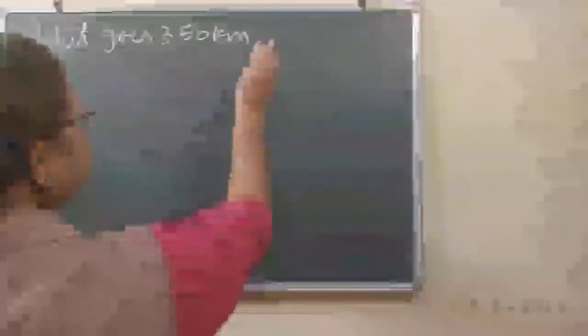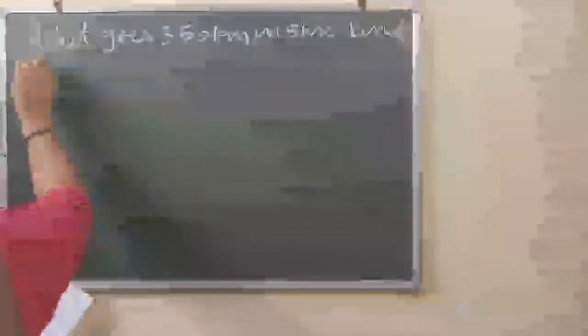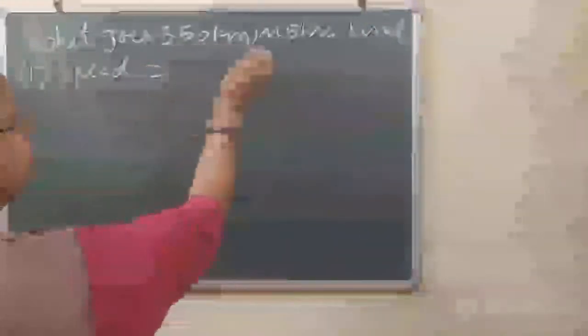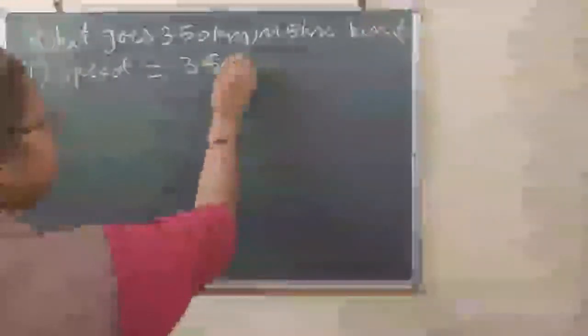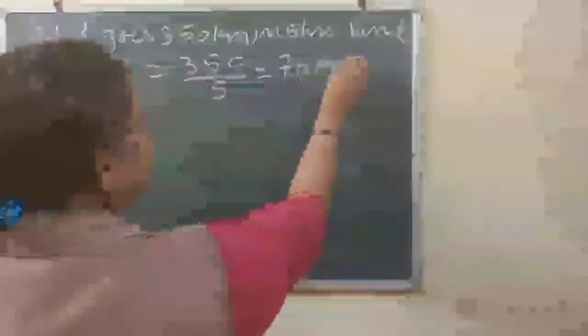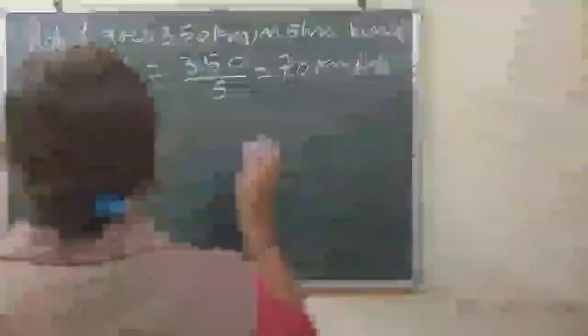Rohit goes 350 kilometer in 5 hours. Find his speed. So speed will be distance by time. So 350 by 5 means what? 70 kilometer per hour.